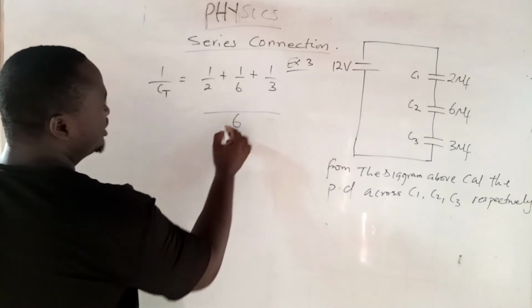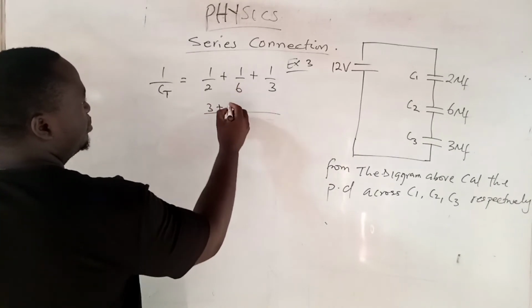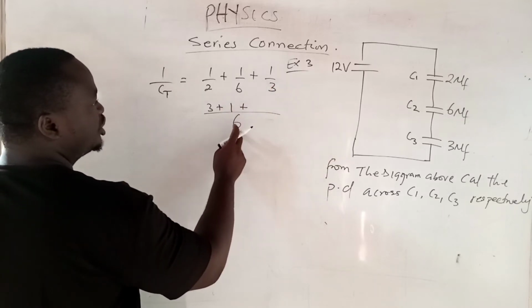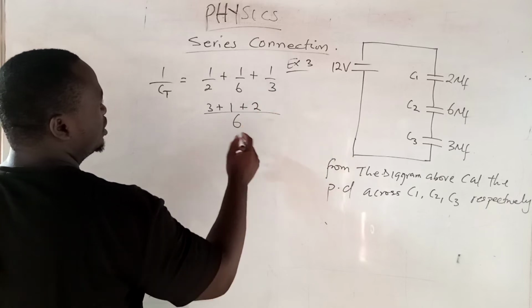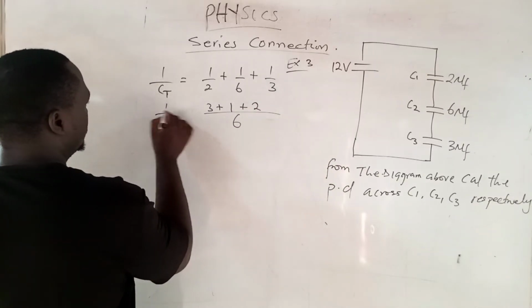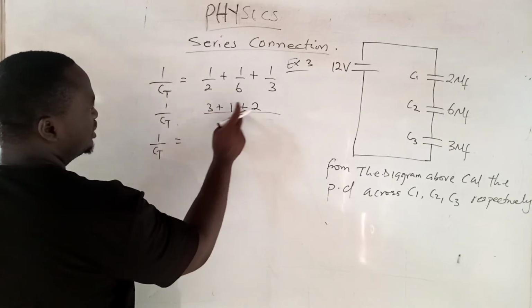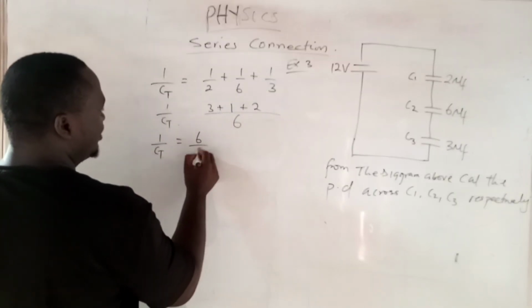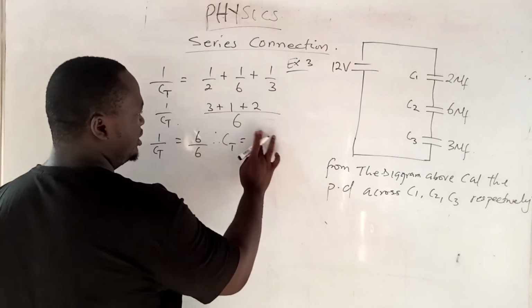The LCM is 6. 6 into 2 is 3, plus 1, plus 6 into 3 is 2, times 1 gives 2. So 1 all over CT is 6 all over 6, which means CT is 1.